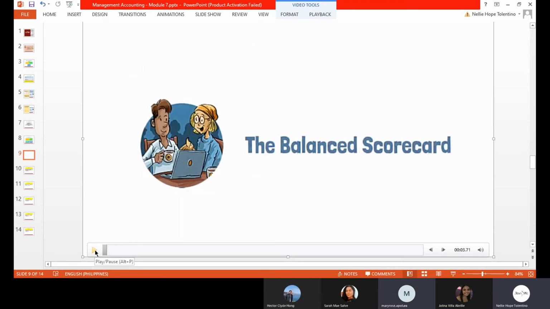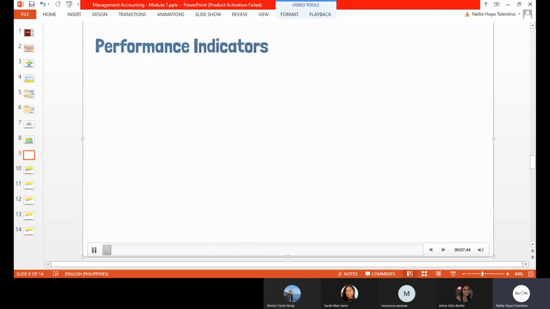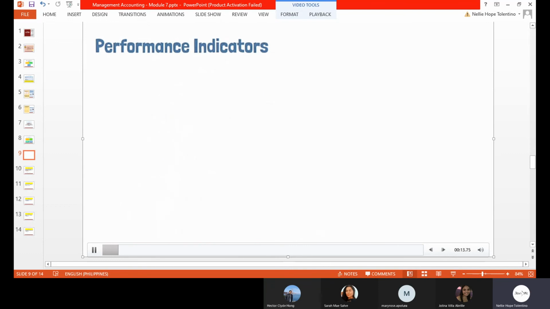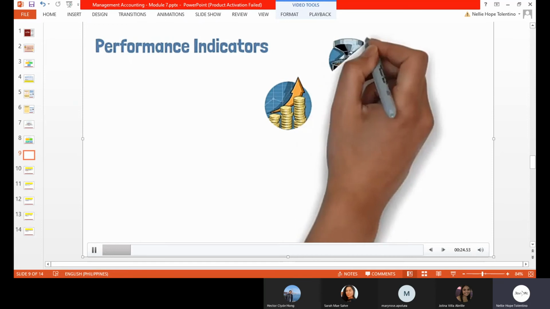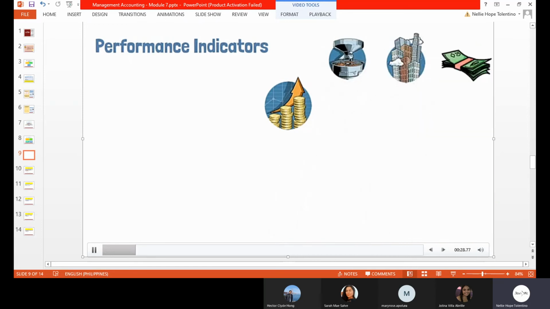Measuring a company's performance is important. If something doesn't get measured and reported, then probably nobody in the company will be paying much attention to it. Traditionally, companies have relied on financial indicators in order to measure their performance. This worked well when most of a company's assets were physical and could be reflected in a company balance sheet, such as machines, buildings, and cash.